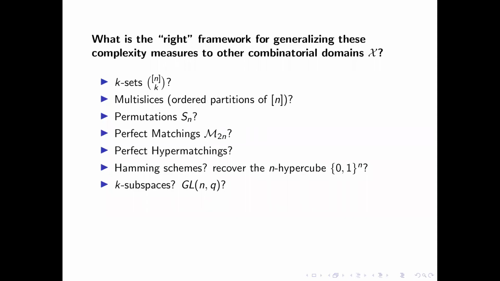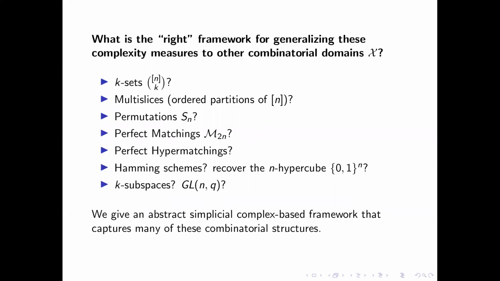How can we take this out of the hypercube? Here's a bunch of combinatorial domains, and you can ask yourself, is there a common framework where I can capture all of these domains and still have well-defined notions of complexity measures?